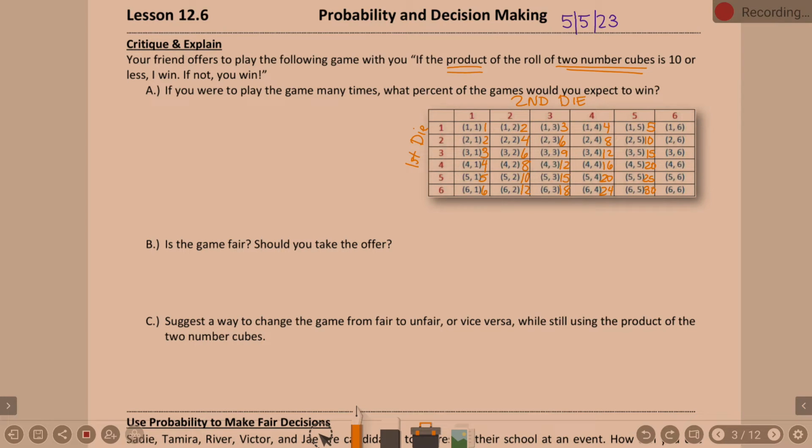And multiples of 6. 6, 12, 18, 24, 30, and 36. Okay? Again, maybe it's just me, but I find it helpful to have all those written out.